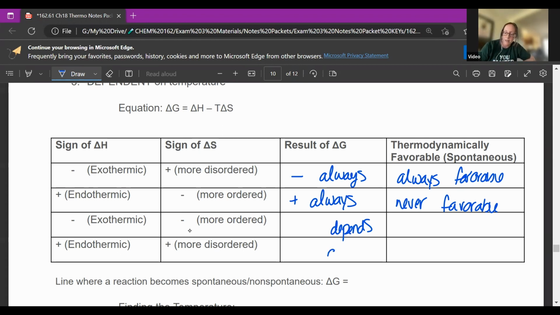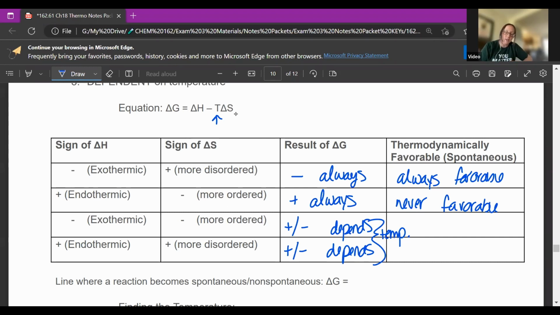Again, it depends. Now, what does it depend on? It depends on the temperature and how big your delta H and your delta S values are. So we consider these to be temperature dependent. Both of these are temperature dependent. You change the temperature, you can actually change how important this value is to the overall delta G.